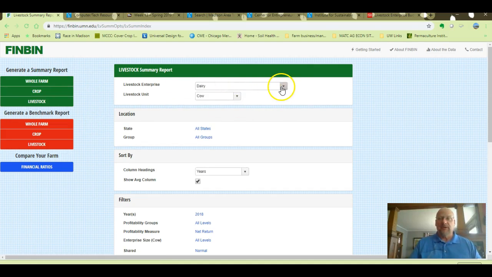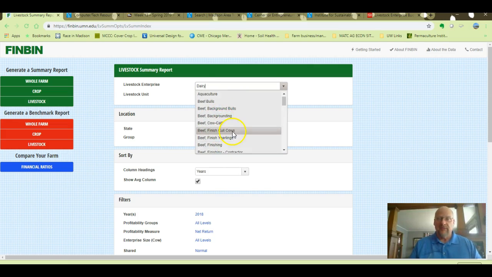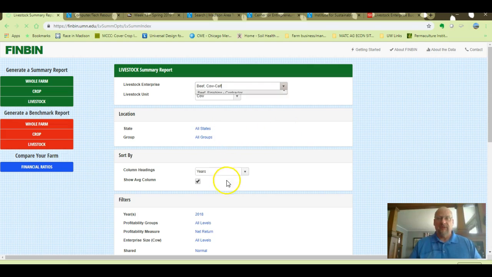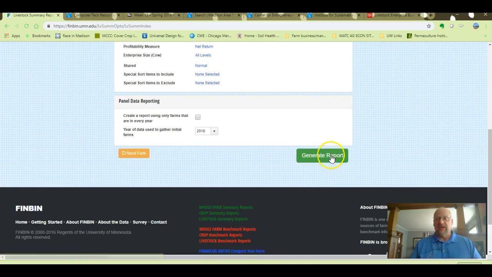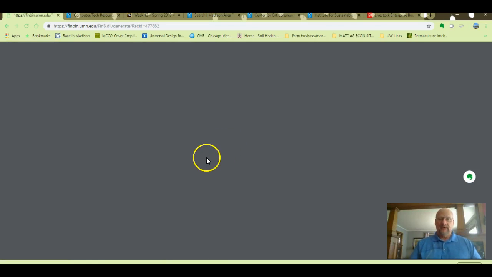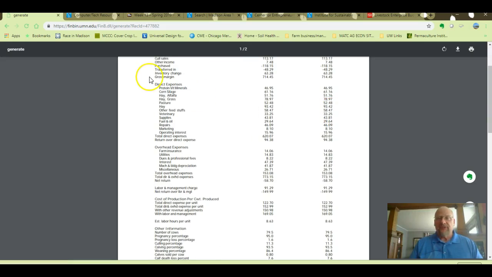The summary report, if you click on beef cow-calf operation, and then you can play around with the years, add in more years if you care to, and then click generate report. It pops up with the different costs of production for a beef cow-calf operation.